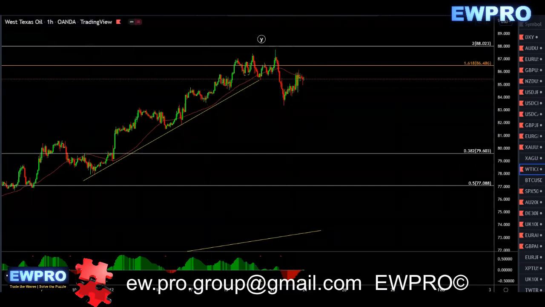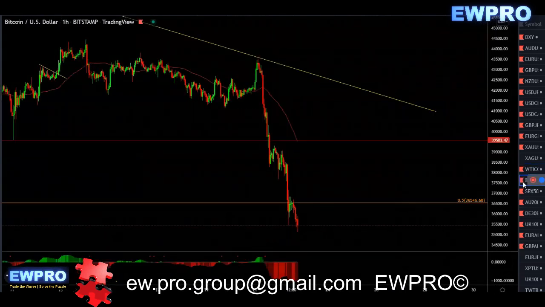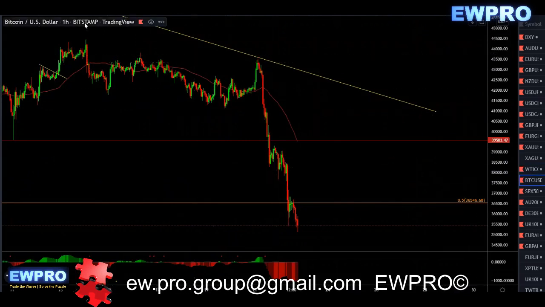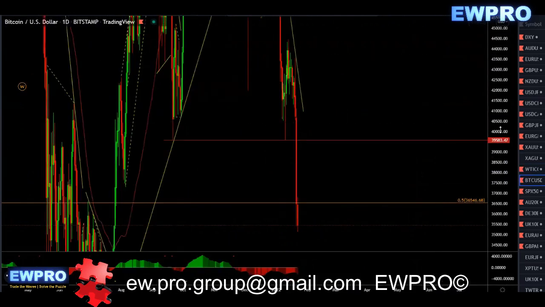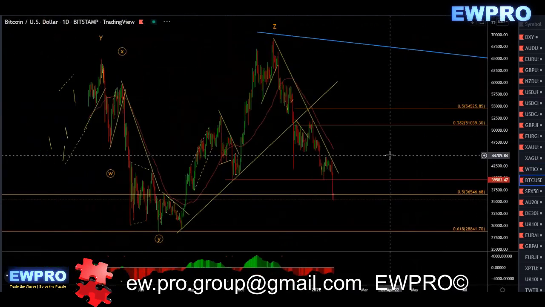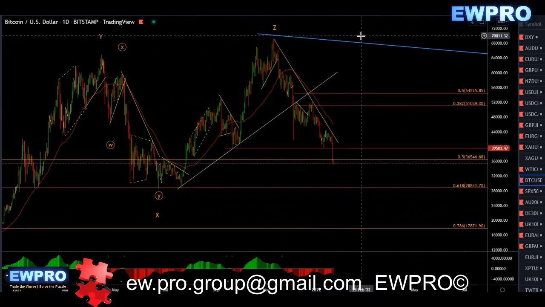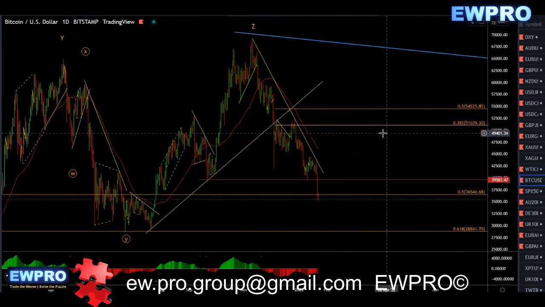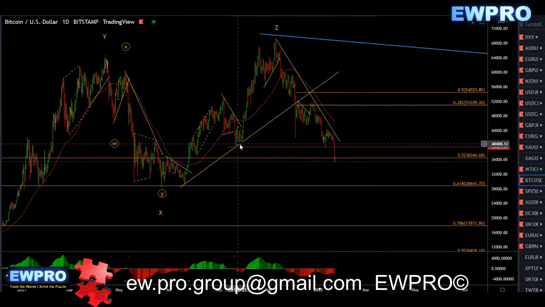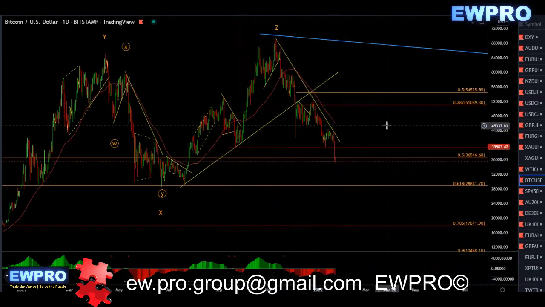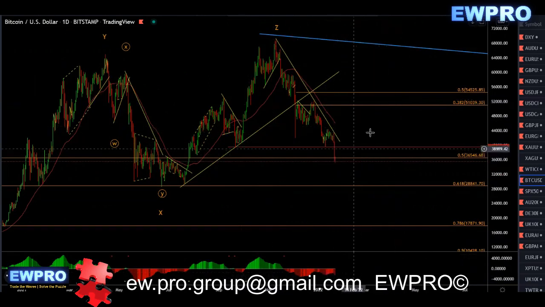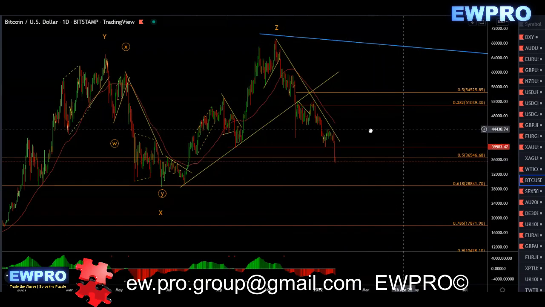Bitcoin on the daily. This has fallen over, and now it's taken out that. Last week I said that we had that double bottom, so it still could have given us that bull hidden or go and break the low. Now it's broken that low, so we've lost that bull hidden. So now any correction you get, it's a sell.